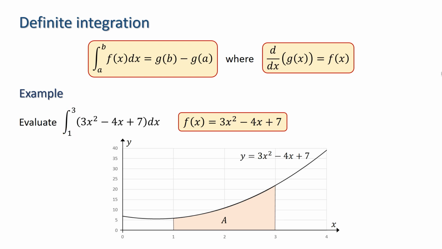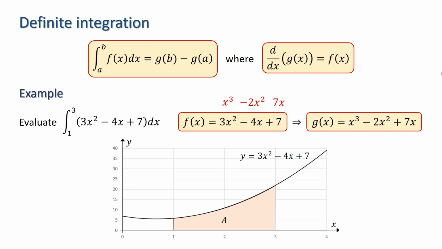Integrating 3x squared gives us x cubed. Minus 4x integrates to minus 2x squared, and the constant 7 integrates to 7x. We thus have the function g of x equals x cubed minus 2x squared plus 7x.